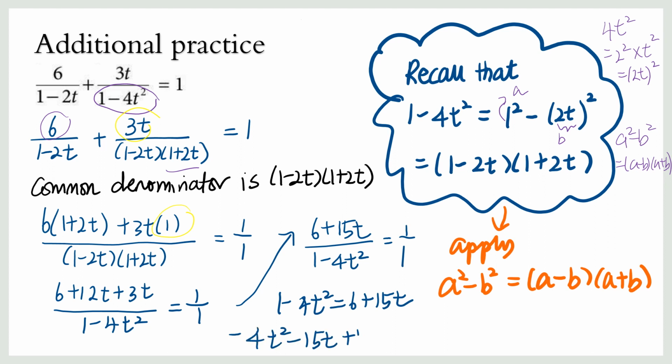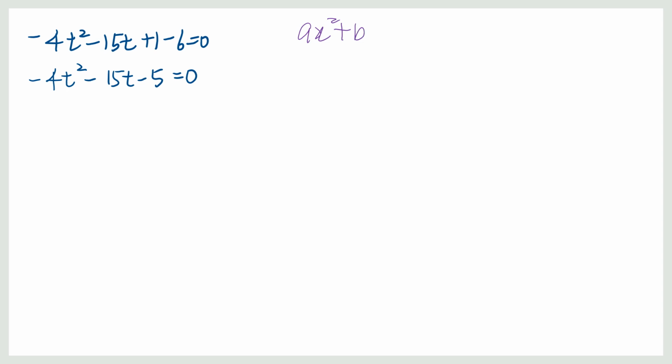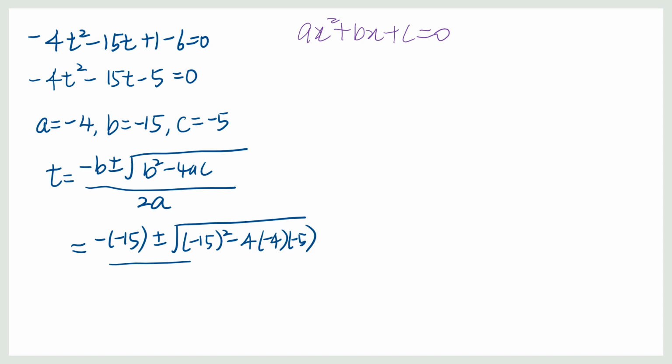Right, and you end up getting a quadratic equation again, simplify it. Right, and you compare it with your quadratic equation, which is your ax squared plus bx plus c equals to 0. Okay, write down the values for a, b, and c. Substitute into your quadratic formula.